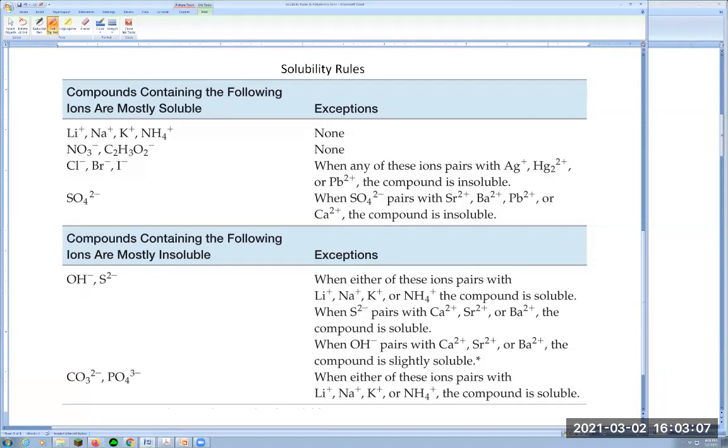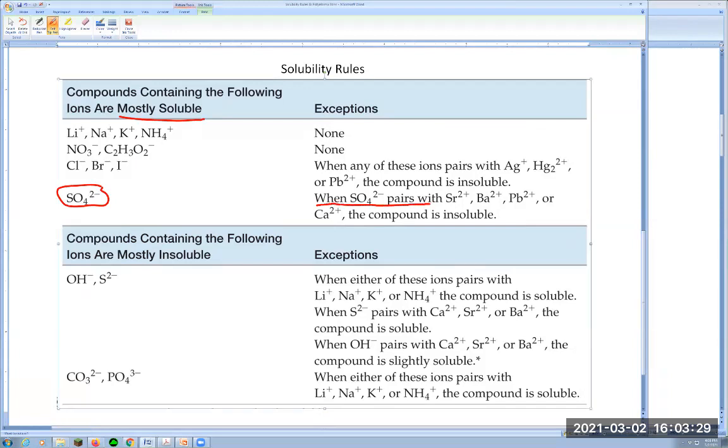There is no mercury listed among the ions on the left side, right? And sulfate, we find sulfate here, among the mostly soluble compounds. So let's see if we have mercury among the exceptions. So this would be soluble, but let's look at exceptions.